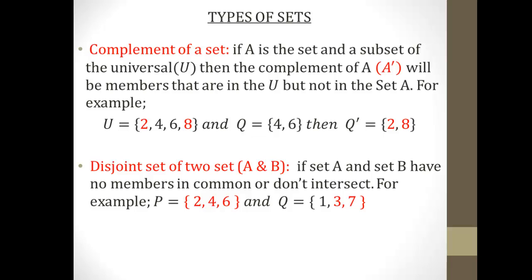When you are given two sets, P, which is 2, 4, 6, and Q, which is 1, 3, 7, there's nothing common about these two sets, and therefore their intersection will give you an empty set. So anytime you have two sets and their intersection gives you an empty set, it becomes disjoint sets.